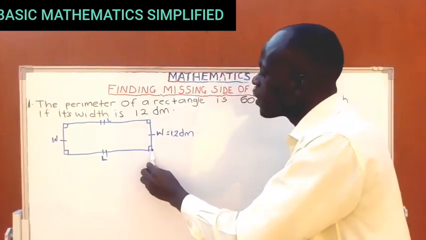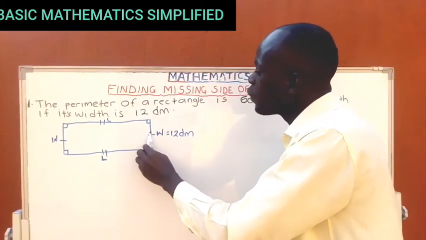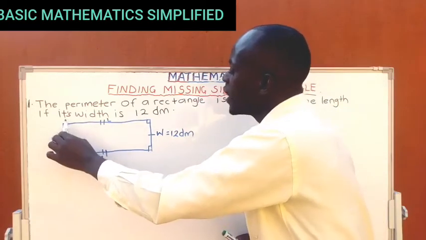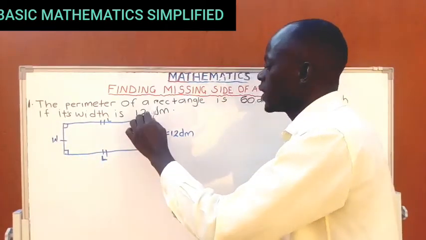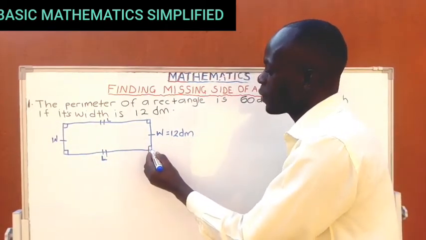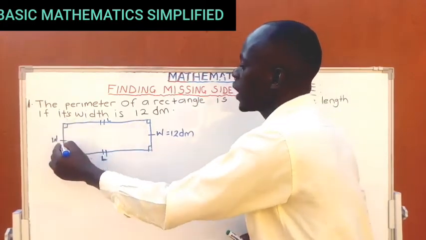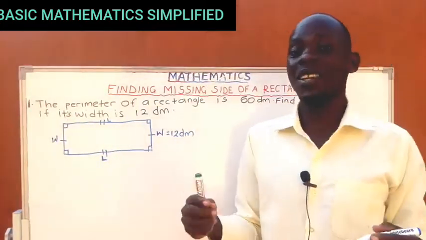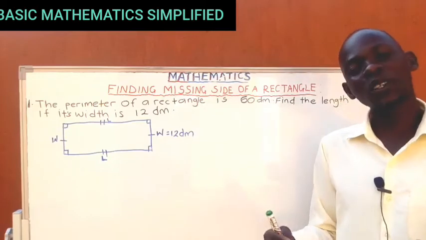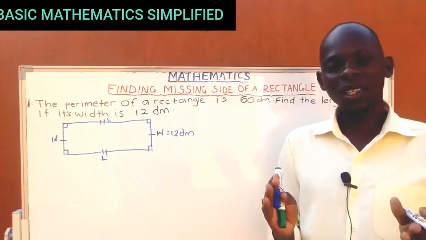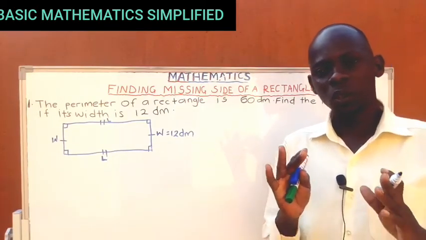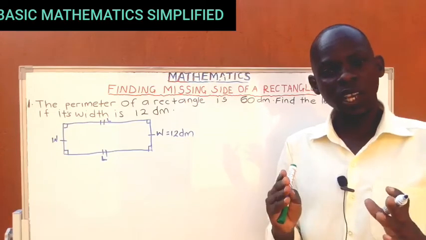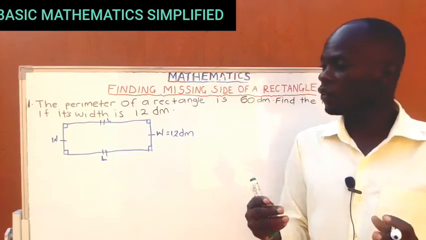But total distance round a figure means you follow its dimensions until you reach where you started from. If I started from here, I move like this, I come back. That's the total distance round a given figure. Most people say around a given figure. Please, I want you to be very careful there. Use of vocabulary is always very important. We say total distance round a given figure is perimeter.